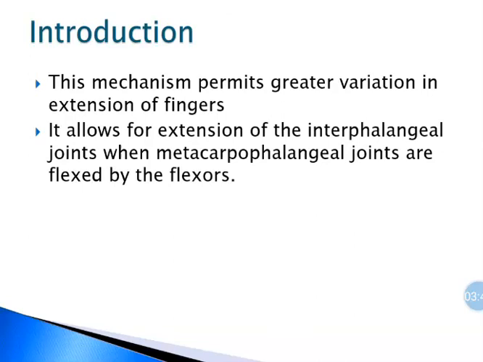This mechanism of movement during flexion and extension permit greater variation in the extension of fingers. That means it allows for extension of interphalangeal joints when metacarpophalangeal joints are flexed by the flexors.